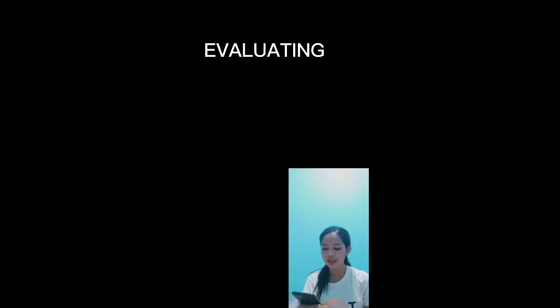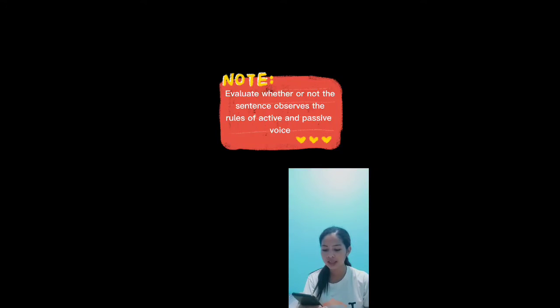Fifth is evaluating. You need to evaluate whether or not the sentence observes the rules of active and passive voice. Item numbers 3, 5, 21, 23, and 24. So that's 5 items for 10% of the test. And last is creating.